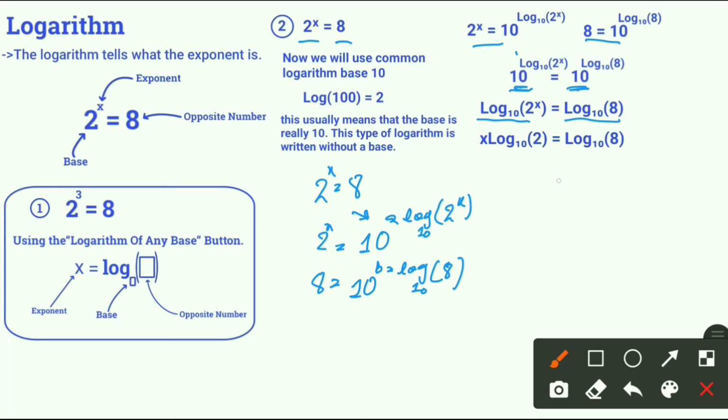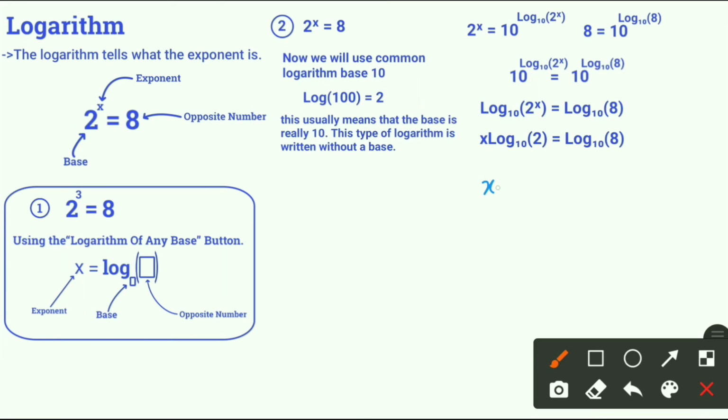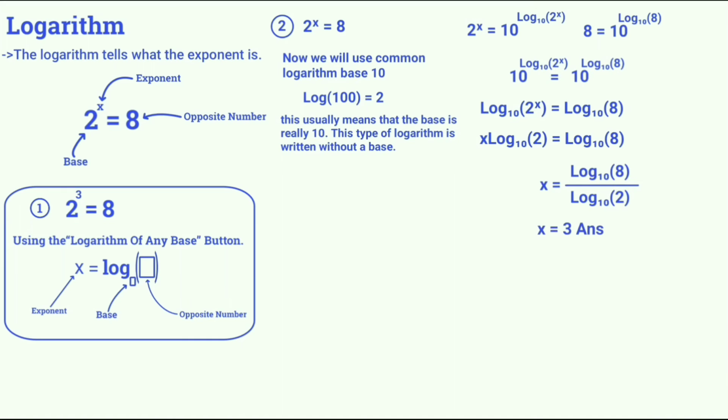So this exponent is equal to this exponent, and this x will come down here. Same thing: x log 10 of 2 is equal to log 10 of 8. So x is equal to log 10 of 8 upon log 10 of 2, and this is the answer. So 3 is the answer.